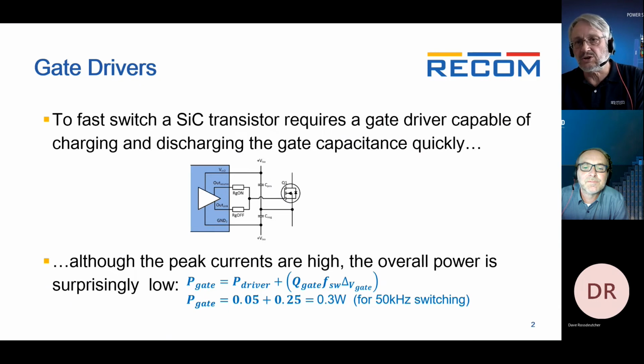Quite often these gate drivers are specified with 2 amps or 4 amps drive current, but the actual power they need is surprisingly small because the switching time is such a short period of time. If you look at the equation there, you can see that for 50 kilohertz switching, which is not particularly fast, I know, you only need 1/3 of a watt of power. So it's really low power for the gate driver, although it's high current.